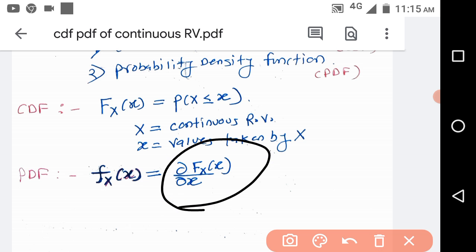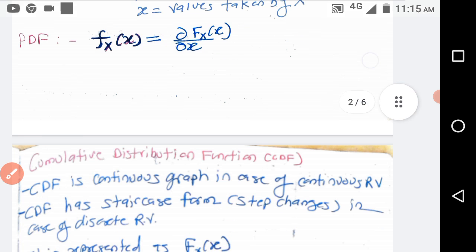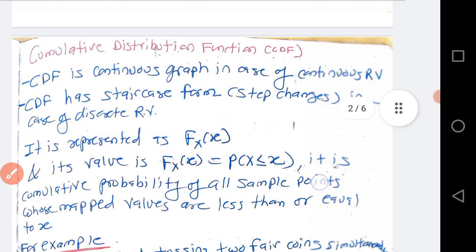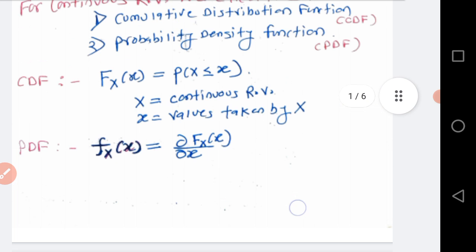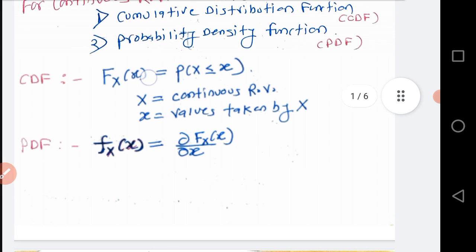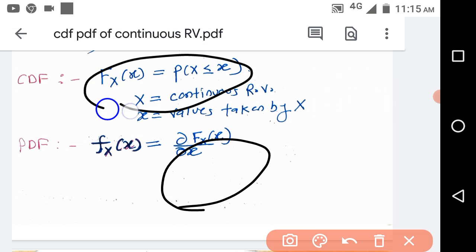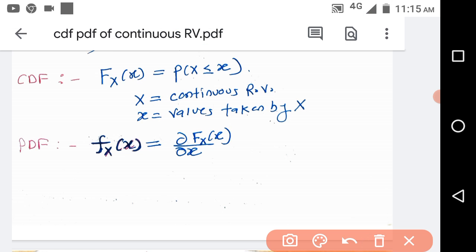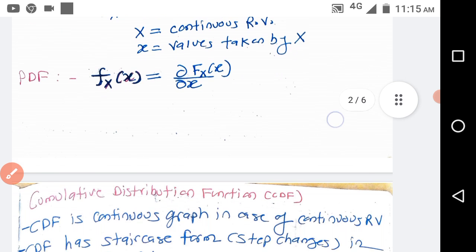This is the differentiation of the CDF. Let us go deep into these formulas with one example, so that you will understand what these probabilities mean, how this probability comes, and why this is called cumulative probability.